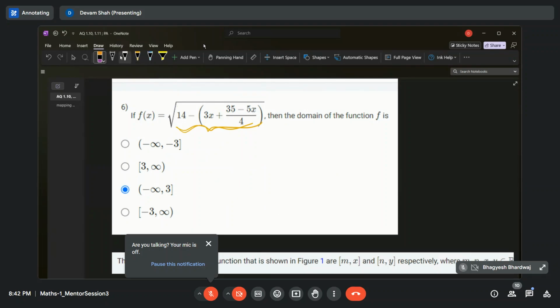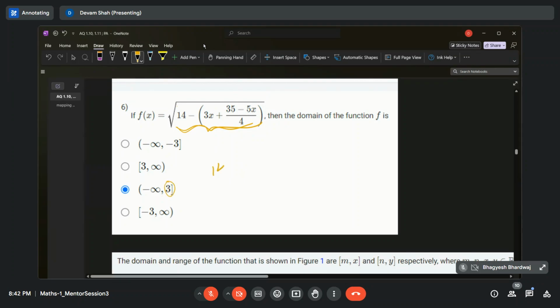Got it. So here, also we know that at 3, what is the value? It will be 9, 35 minus 15 by 4, right? 35 minus 15 is, anyone? Hello, can anyone solve this? 14 minus 5 will be 9. 9 will be the answer.